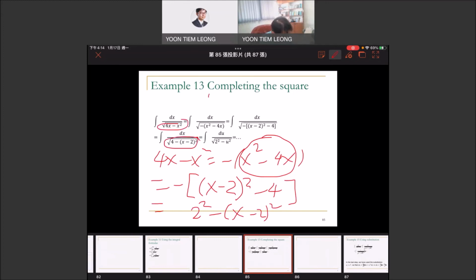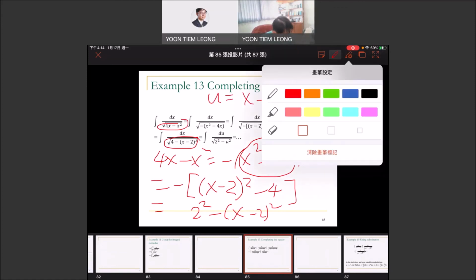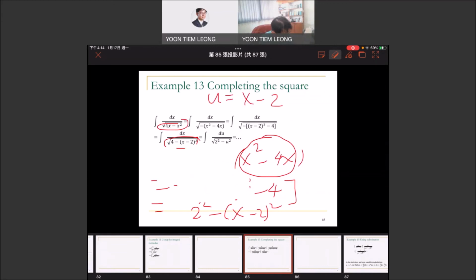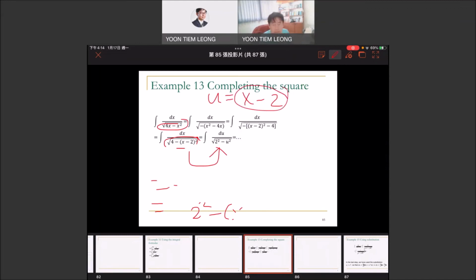You just introduce a variable u to represent x minus 2. With this, you'll be able to easily translate the integration in terms of x into the integration in terms of u, right? So just substitute u equals x minus 2 into here.